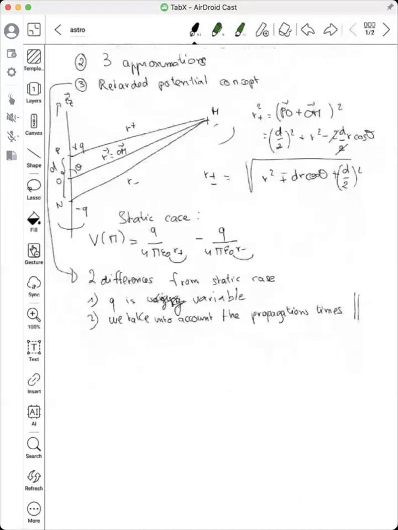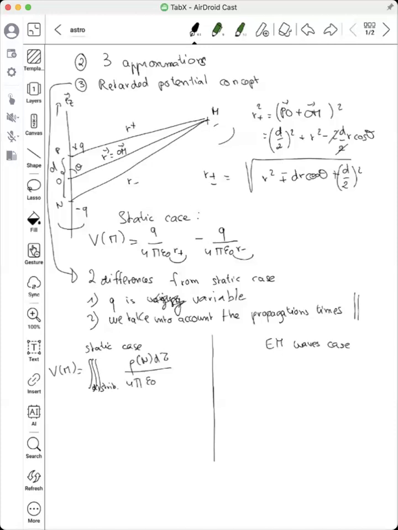So I'm going to make here two columns: the static case, and here the electromagnetic wave case. Okay, so at the time, I had the following. I had some integral on the distribution of, let's say it's a volume one, rho n d tau, over 4 pi epsilon 0 and n.